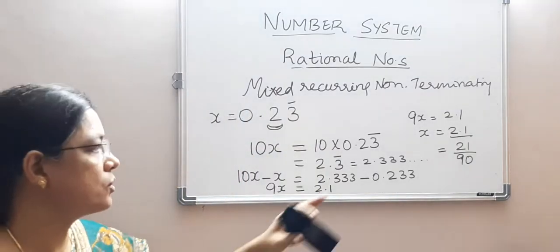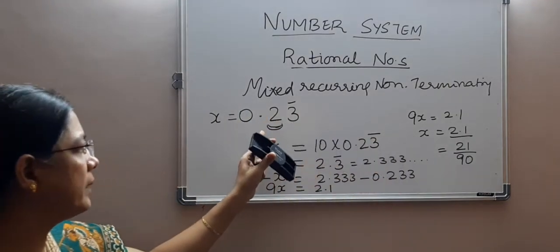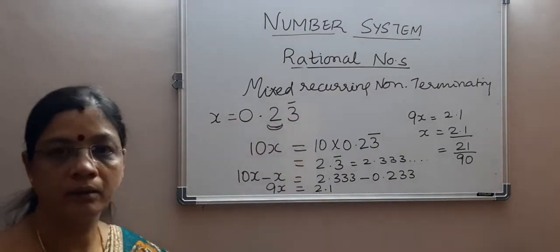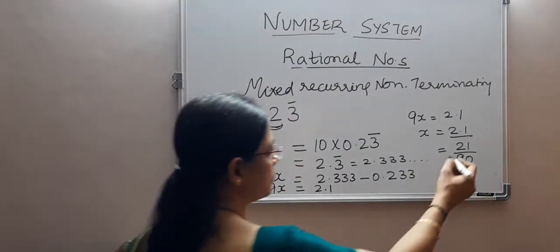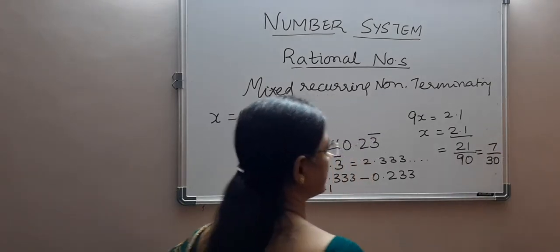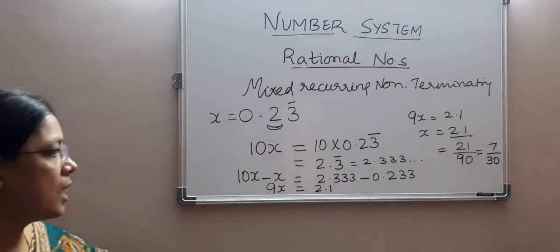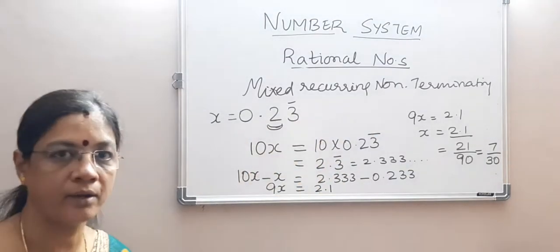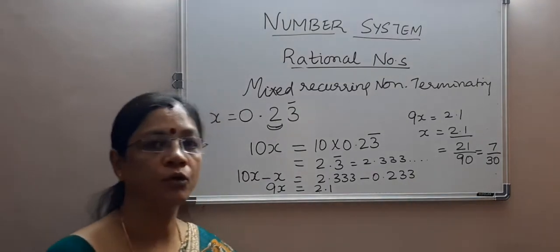Do you understand? So this becomes the P by Q form of 0.23 bar. Do you understand? So this can be reduced still further as 7 divided by 30. Do you understand? So this is how we convert mixed recurring non-terminating rational numbers to P by Q form.